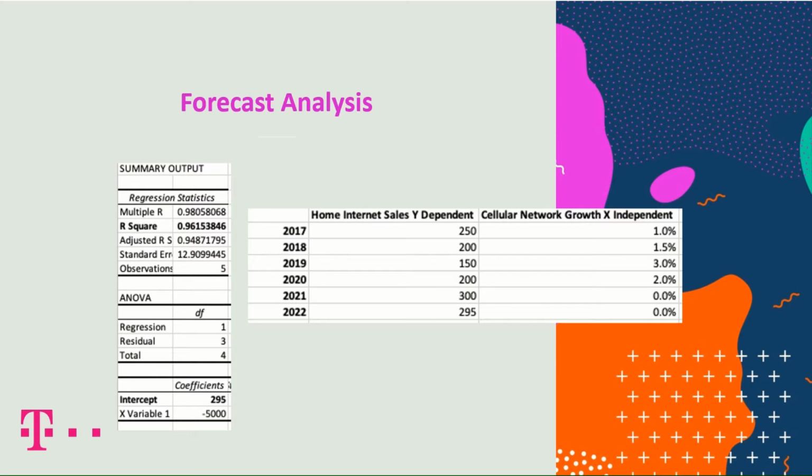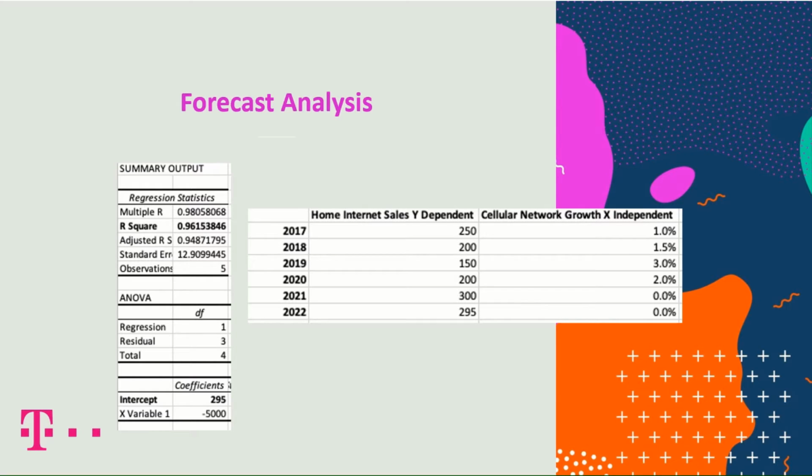The last row for 2022 is a hypothetical forecast based on a regression analysis. The summary output on the left shows the results of the regression analysis conducted in Excel.